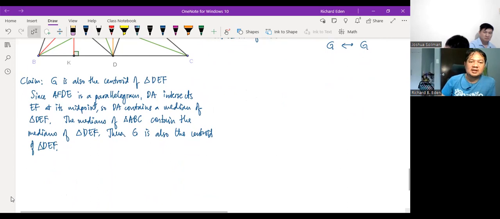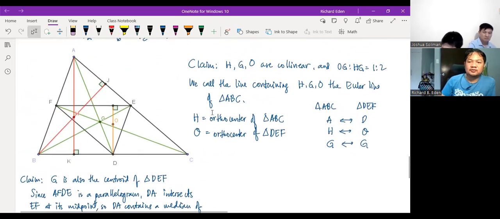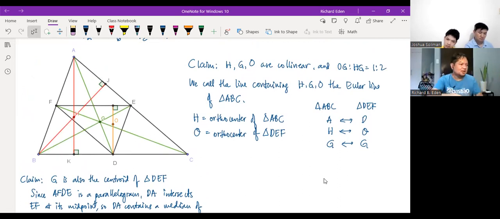So back here, G is the centroid of DEF, and we pointed out that correspondence. And O is the orthocenter of DEF.